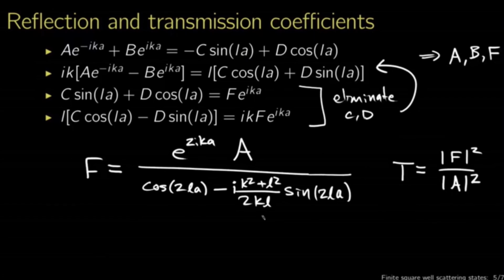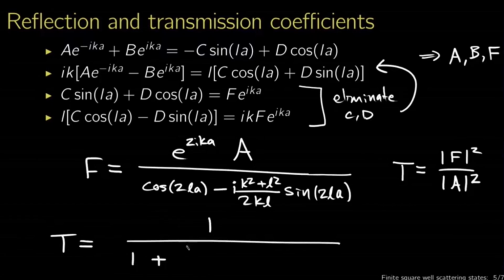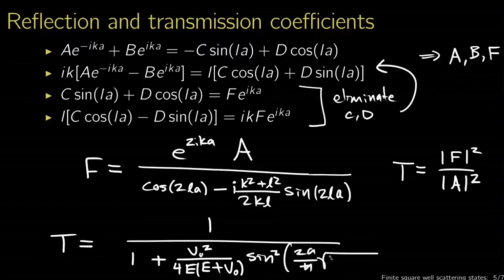If you make this manipulation, dividing by A to get it over on the left-hand side, taking the squared absolute magnitude of this rather ugly expression, what you get for T is 1 over 1 plus V naught squared, your potential well depth, over 4E times E plus V naught times sine squared of 2a over h bar square root of 2m times E plus V naught.